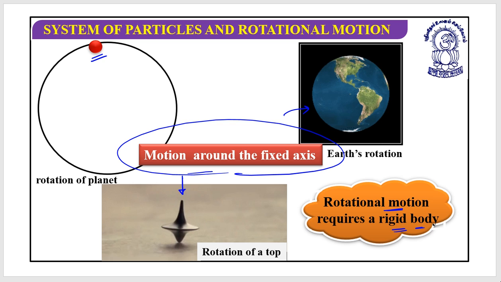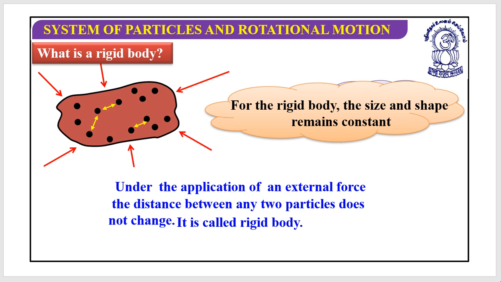So now the new question arises: what is a rigid body? Let's first look at what a rigid body is all about. Let's suppose this is the body, which I can define as a rigid body.